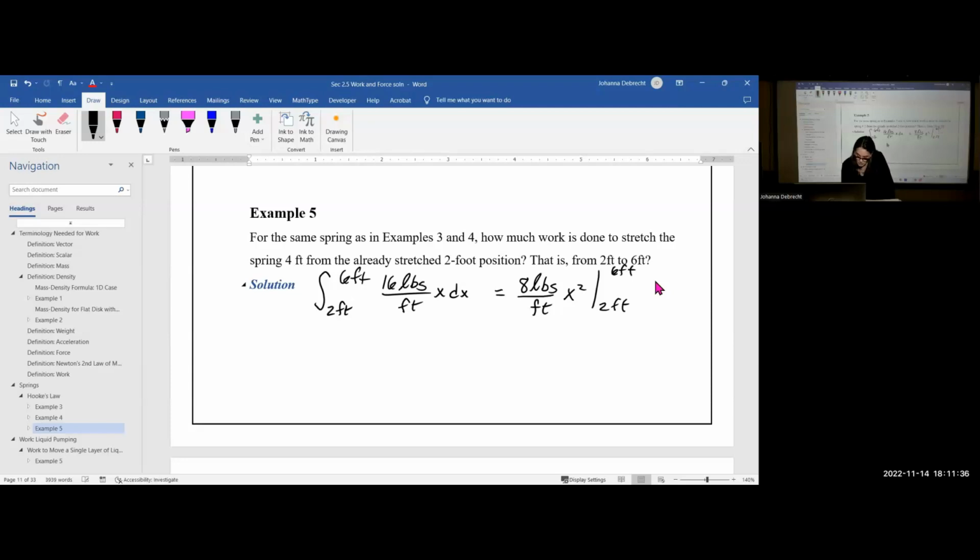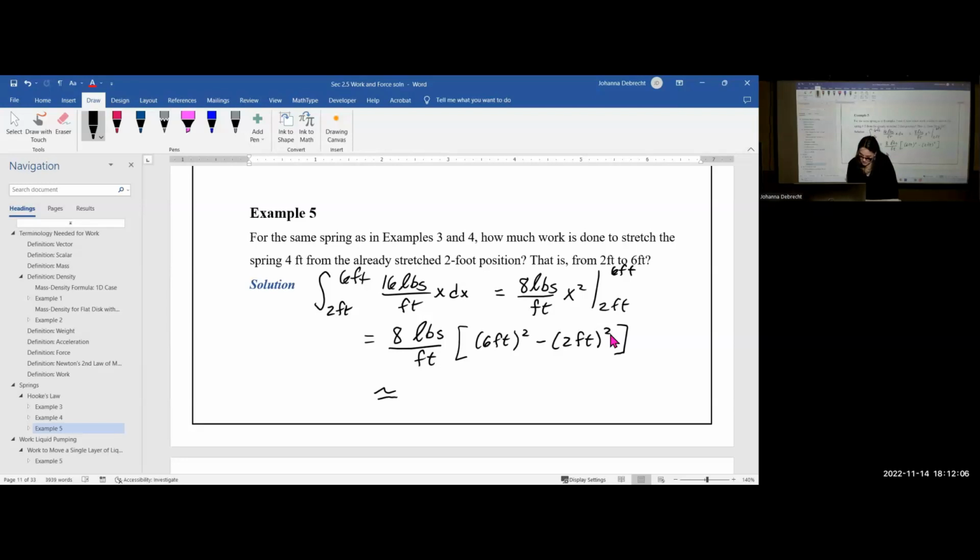And when you plug in those values, you're going to find that the work needed is greater. It takes more energy to stretch further an already stretched spring than it does one that has been less stretched. So when it's already been stretched some, it's harder to stretch it more, if that makes sense. So this turns out to be 256.